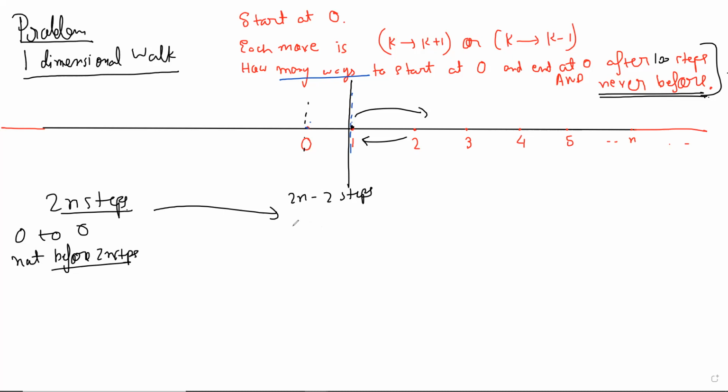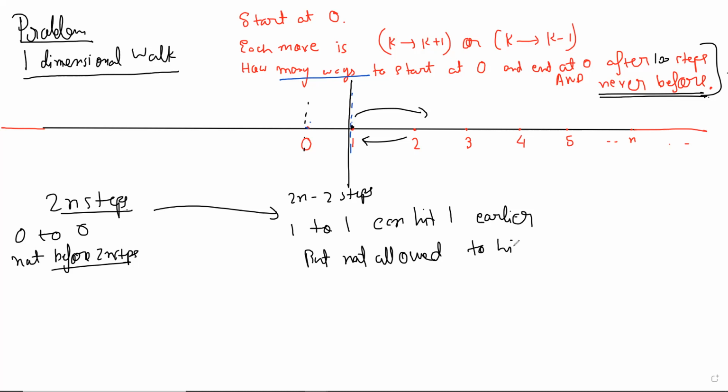But now it's like going from 1 to 1, can hit 1 earlier, but not allowed to go to the left, or not allowed to go below the x-axis.